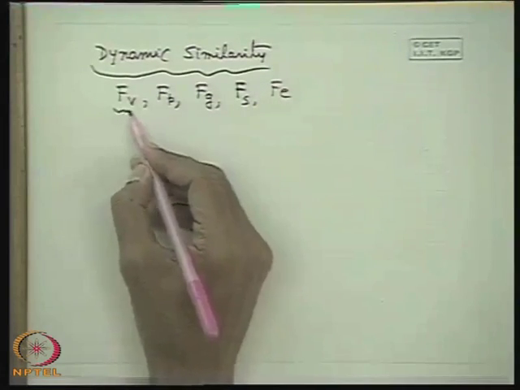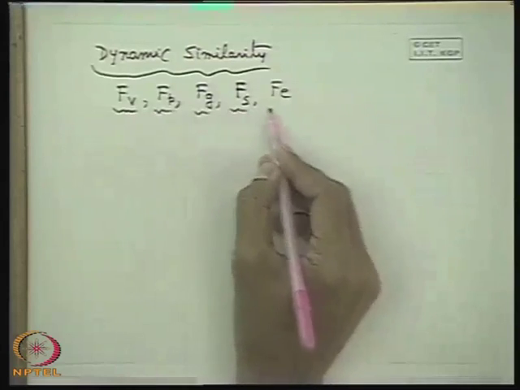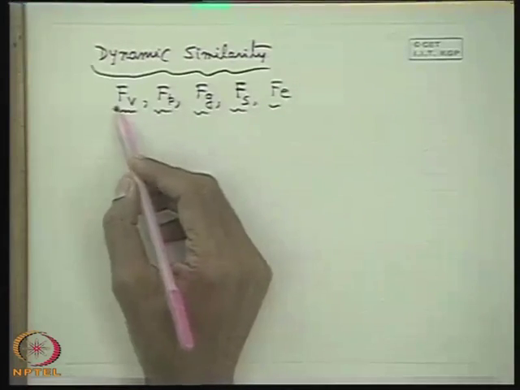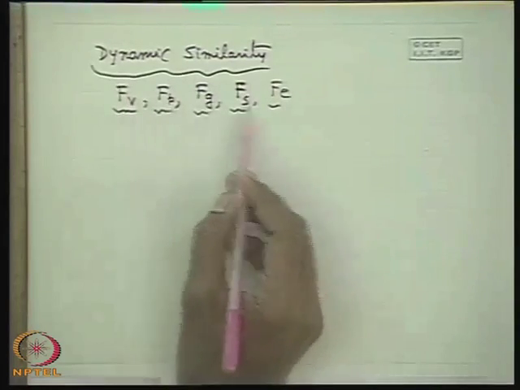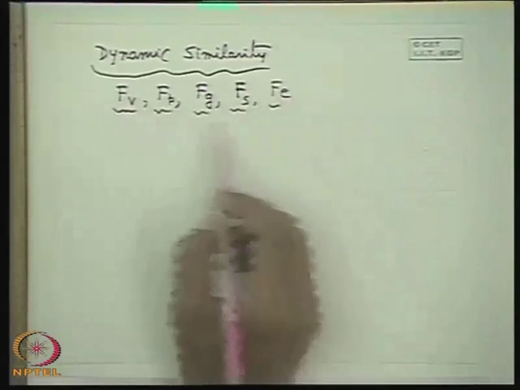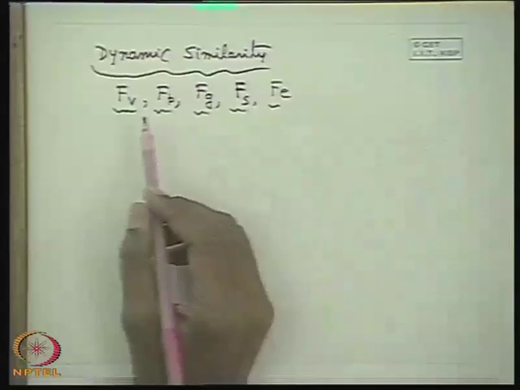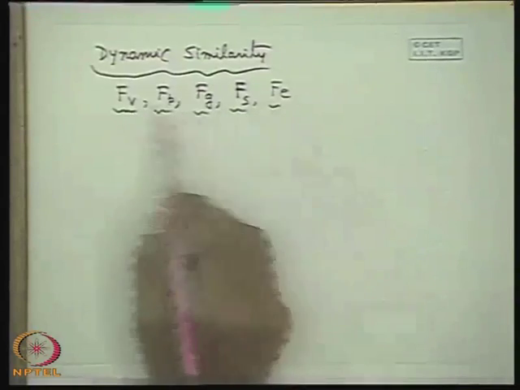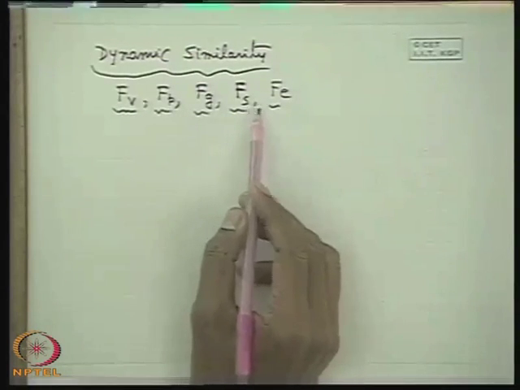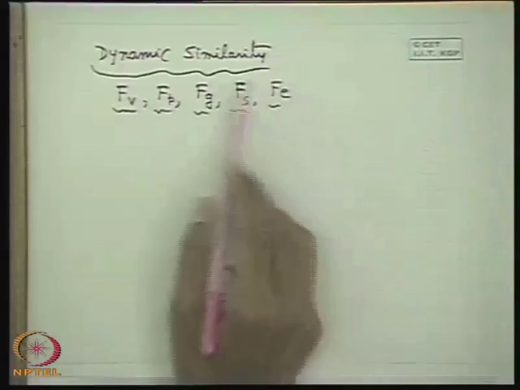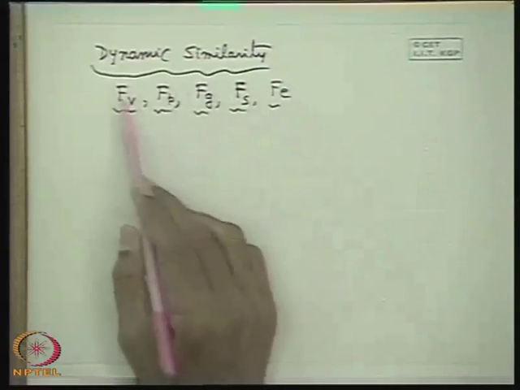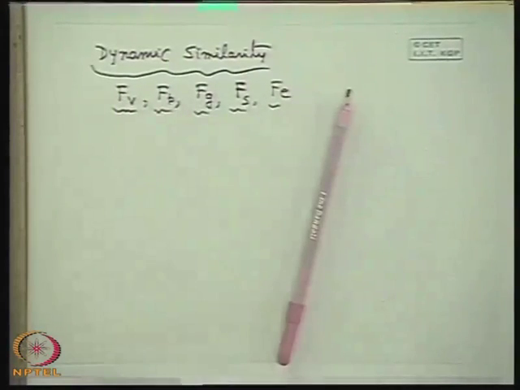That means in practical cases of fluid flow, these forces are dominant; these forces cause the fluid to flow. Usually we see that in a particular application all the forces are not equally important or equally dominant.